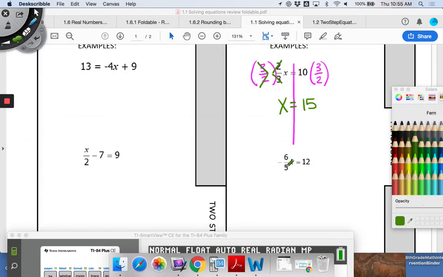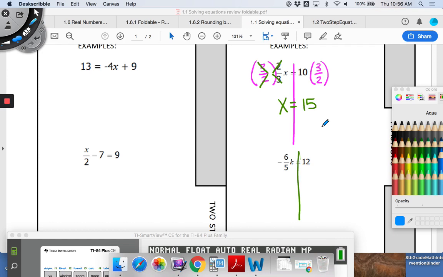All right, the reason I'm doing this one is it freaks you out because it's not only a fraction, but it's a negative fraction. Okay, so what we're going to do is that same idea. The coefficient is negative 6/5. And the negative 6/5 and the k are stuck together, so they're multiplying.